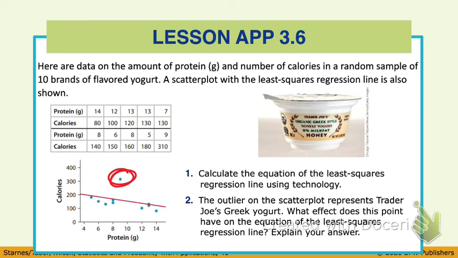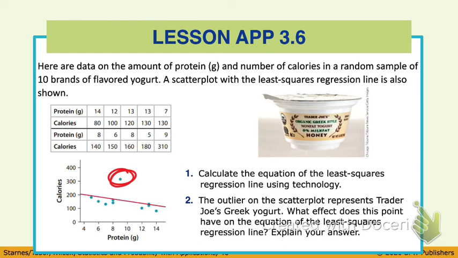It's not really doing much for the slope, though. It's just kind of pulling because it's in the middle of the line here. So it's not really changing the slope much, but it is increasing the y-intercept. That data value is making the correlation weaker because it's outside of the rest of the data.